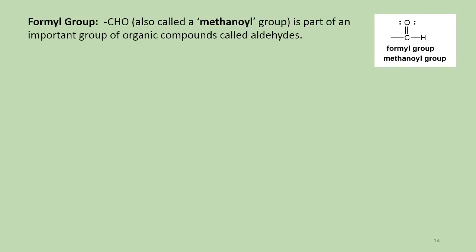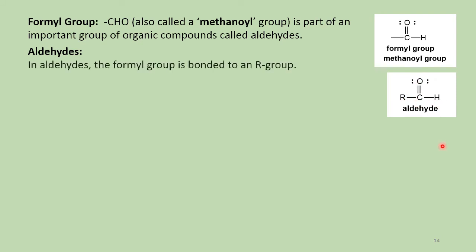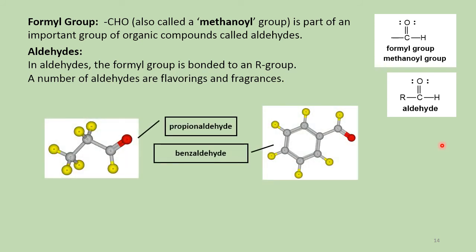The formyl group, also known as the methanoyl group, is again part of other compounds, H-carbonyl something. And one of the groups we're going to look at next that the formyl group is part of is our aldehydes. And aldehydes have an R group attached to the formyl group, so it's R-carbonyl H. Aldehydes are flavorings and they are fragrances.